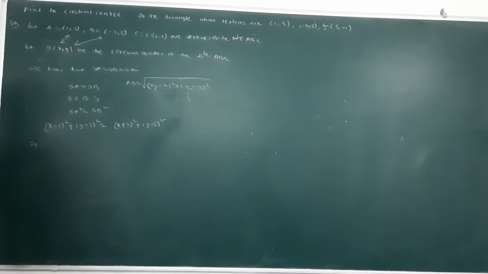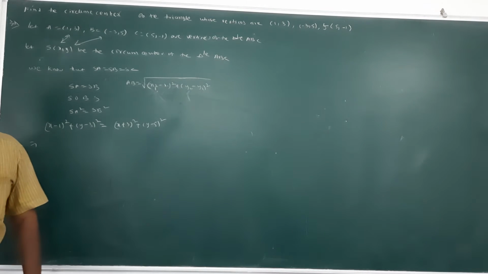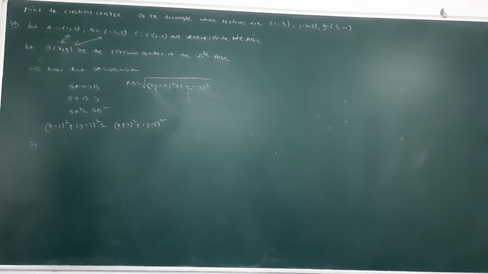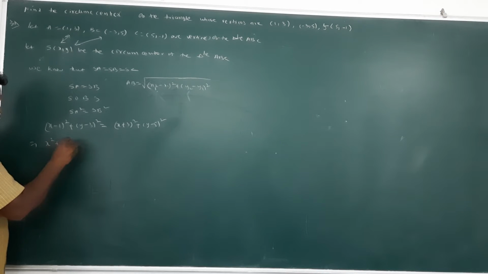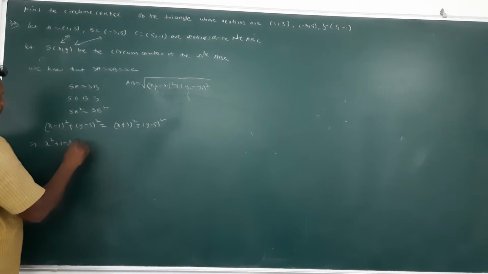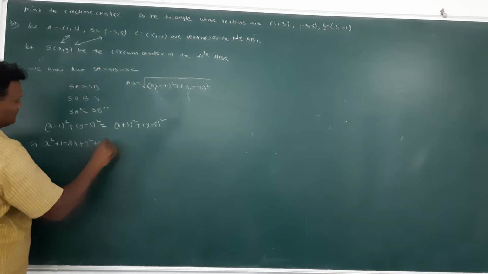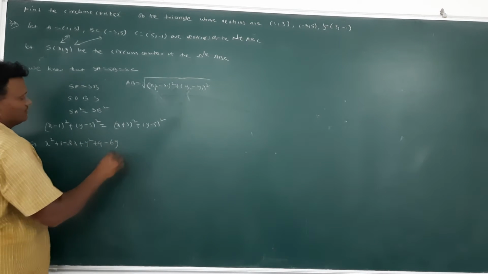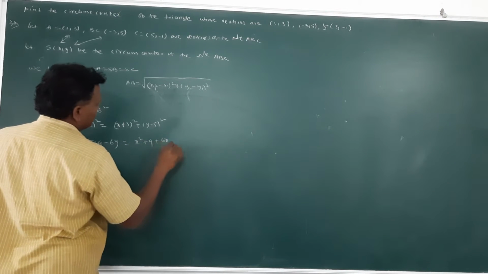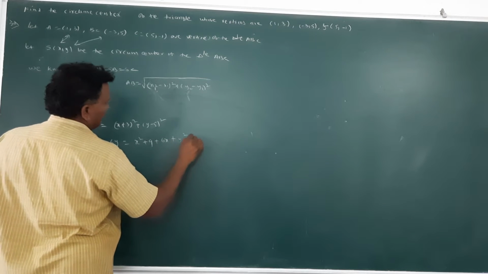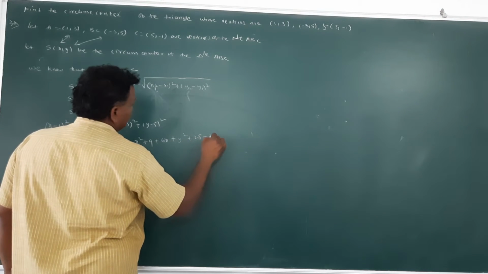A minus B whole square. What is the formula of (A minus B) whole square? A square plus B square minus 2AB. Here A is x, B is 1. x square plus 1 minus 2x plus y square plus 9 minus 6y is equal to x square plus 9 plus 6x plus y square plus 25 minus 10y.